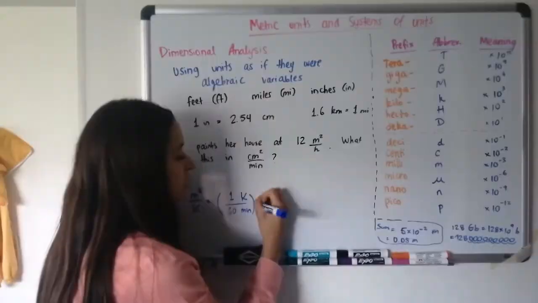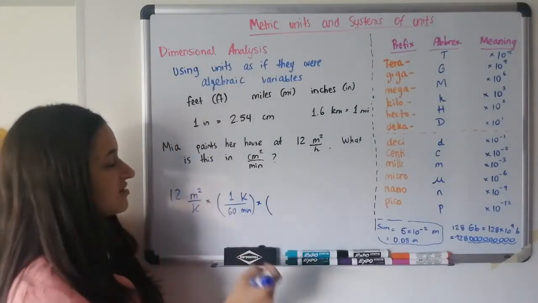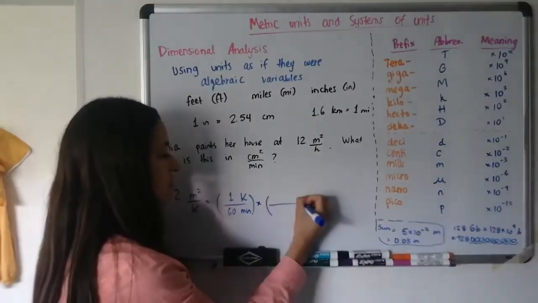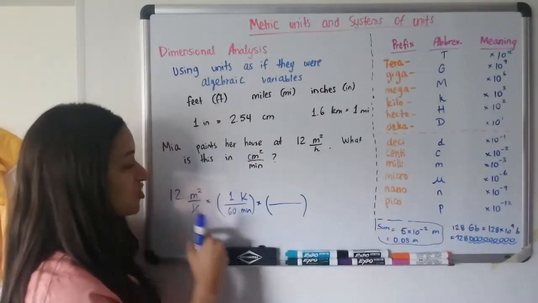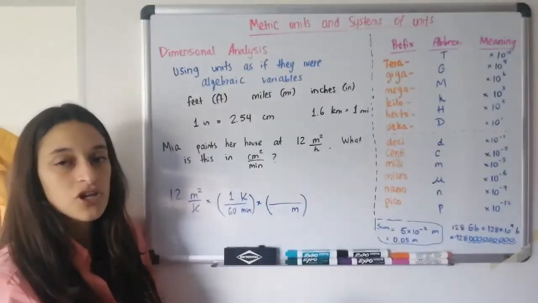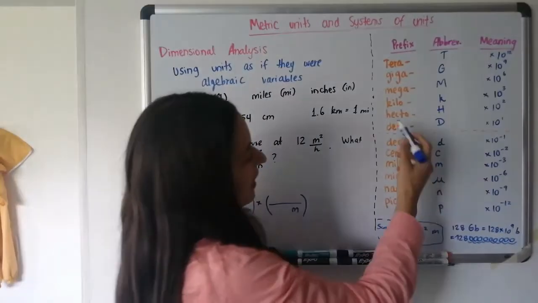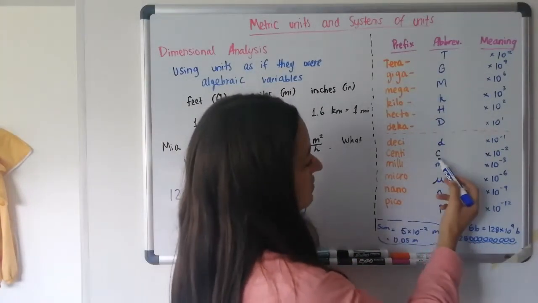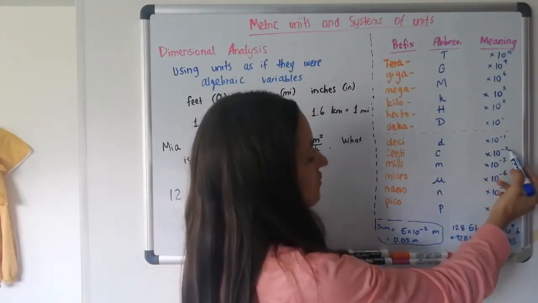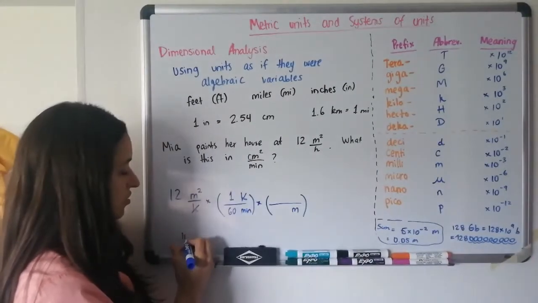So now we need to cancel the meters and pass to centimeters. So meters is on the top, so we need meters on the bottom. And we need to pass to centimeters. So how many centimeters are there in a meter? We can look at our little table and notice that centi is times 10 to the negative 2. That means 2 zeros, so that's 100.